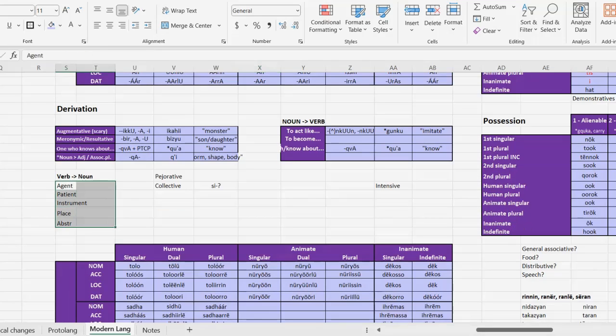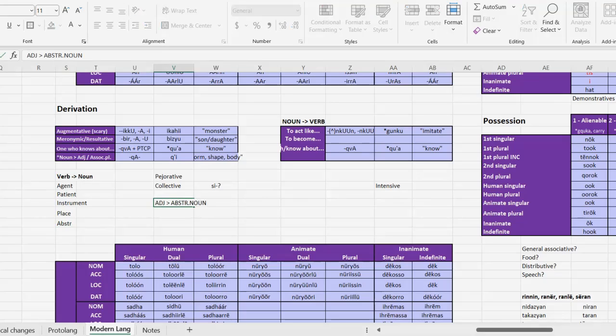Okay, so looking back at our potential derivational strategies, I realize one that I forgot is a way of turning adjectives into abstract nouns. Because by the nature of our adjectives, we can already use them as nouns in their own right, but specifically to get across the sense of what is essentially the ness suffix in English.